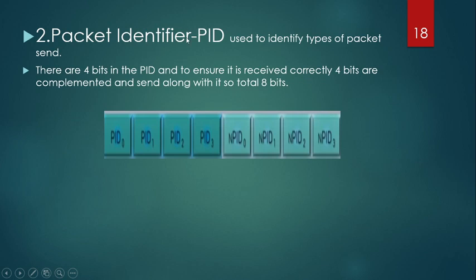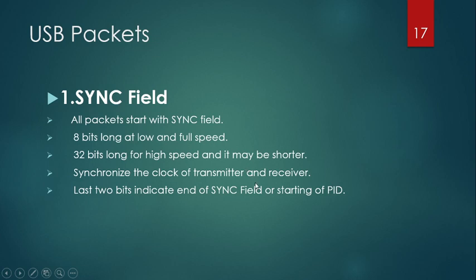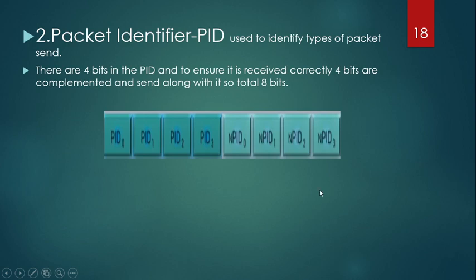The next field is the packet identifier. That is why we stated that the last 2 bits of the sync field indicate the start of the packet identifier. The packet identifier is used to identify which type of packet is being sent. There are 4 bits allocated for the packet identifier.